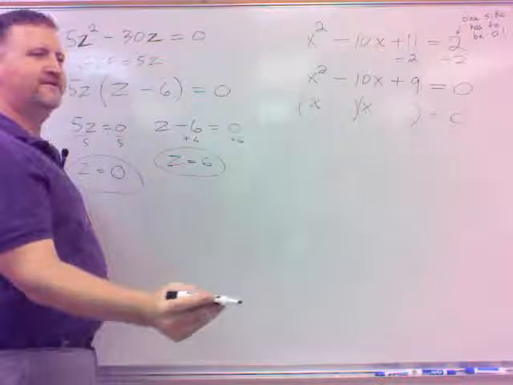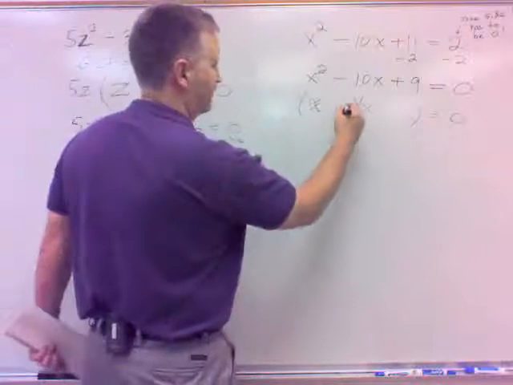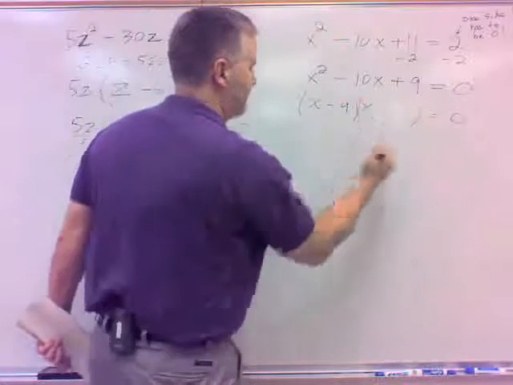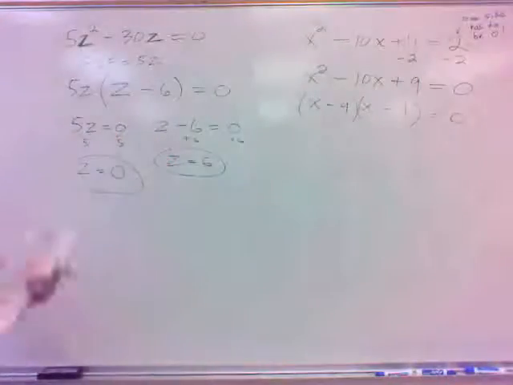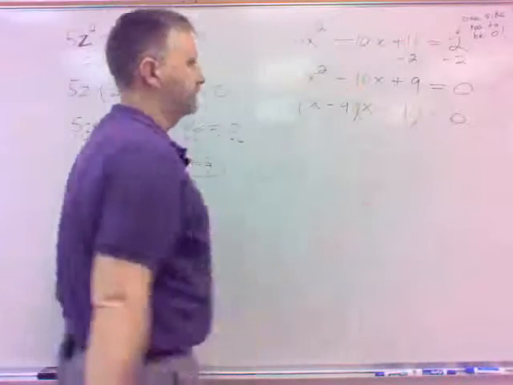It's 9 and 1, isn't it? It's a positive 9, so how am I going to get a positive 9 with 9 and 1? Both negatives. Negative 9 and negative 1 is how I'd factor the 9. That would give me a negative 10 in the middle, wouldn't it? Add them, get negative 10.